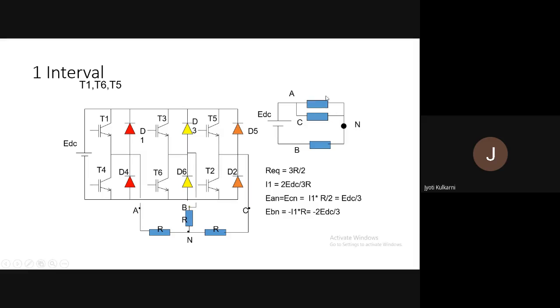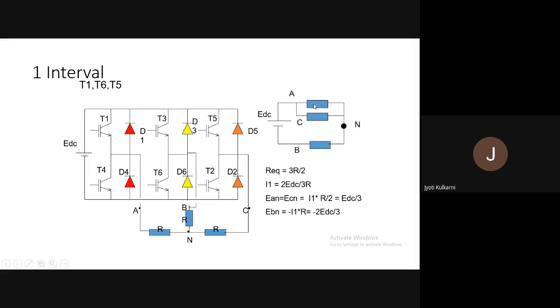This equivalent resistance of the parallel combination is in series with the B branch resistance. How much is the value of B branch resistance? R. So, R plus R by 2, it means 1 plus 0.5. 1 plus 0.5 is 1.5. 1.5 is nothing but 3 by 2. So, what is my R equivalent? 3 by 2 into R. Have you understood that?